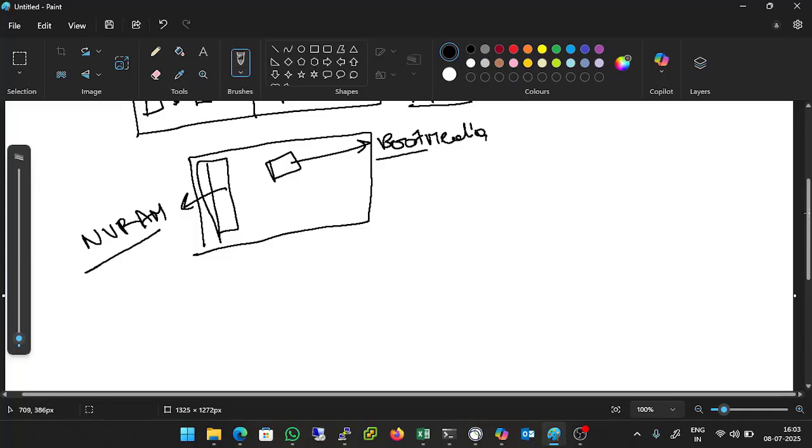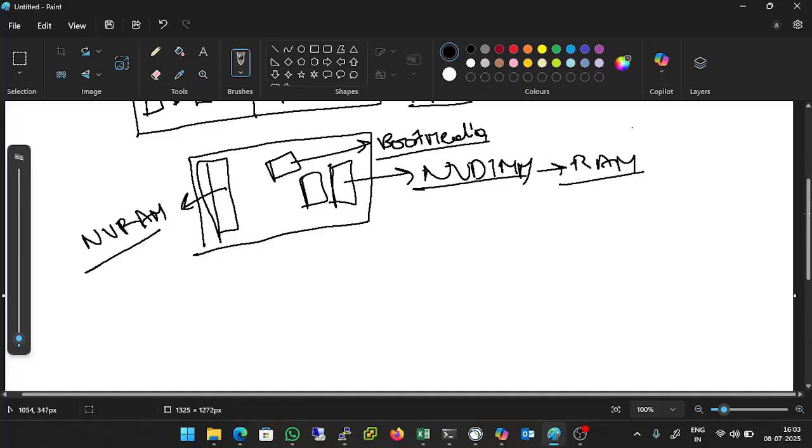The boot media consists of your booting image. In a single node you will also have some DIMMs, NVDIMMs, which can be considered as RAM, non-volatile DIMMs. You will also have some transistors, which is basically your motherboard.